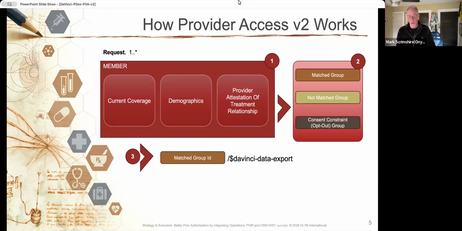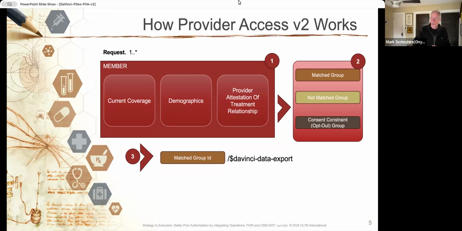And so in that scenario, when a member presents to that provider and the provider, for example, books them in for an appointment, and submits them on this list of here's the members I'm interested in, the payer may have a business rule that says gold carded providers assume the treatment relationship is correct, that the provider is stating. So it actually potentially deals with a number of the more edge cases.